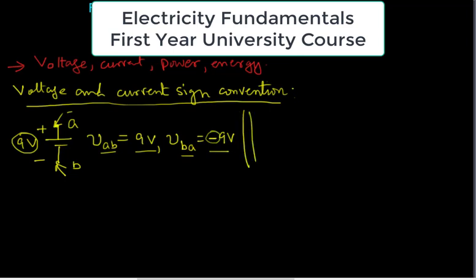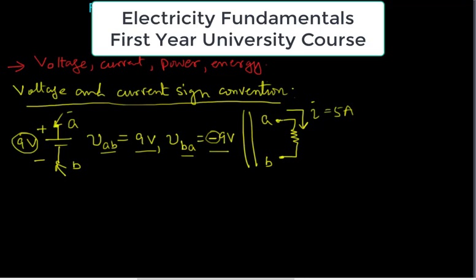Similarly, there is a current direction convention. Convention means simply a rule that has been agreed upon by everyone in order to ease or simplify the process. So we are just simplifying the process. Let's say this is a resistor, and let's say this terminal is called A, and this is the B terminal of the resistor, and some current I, let's say it's 5 amperes, is flowing through that resistor in this way.